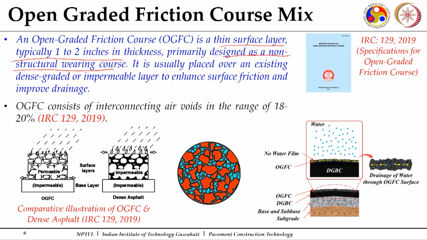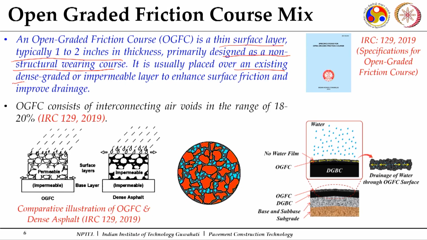And they are known by different names also. It is known as permeable asphalt, porous asphalt, friction asphalt or friction courses in different parts of the globe. It is usually placed over an existing dense graded or impermeable layer. So, the existing layer should be impermeable, where you place this particular one.